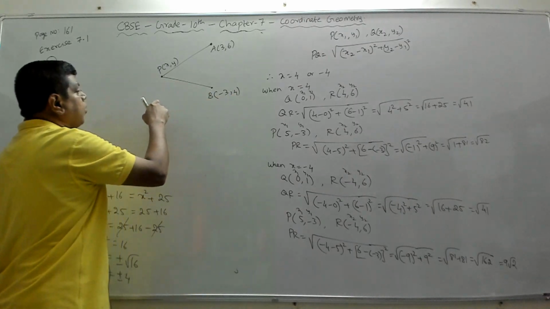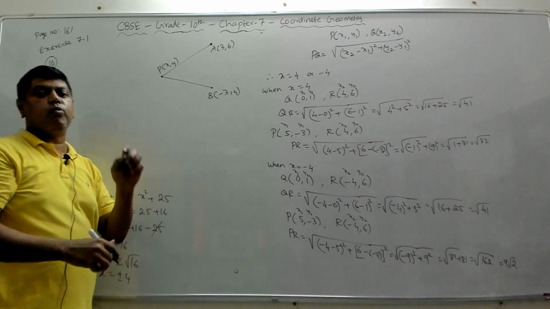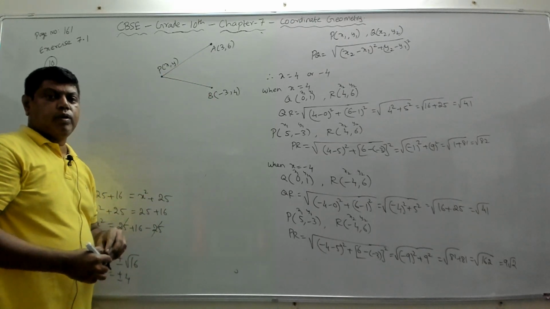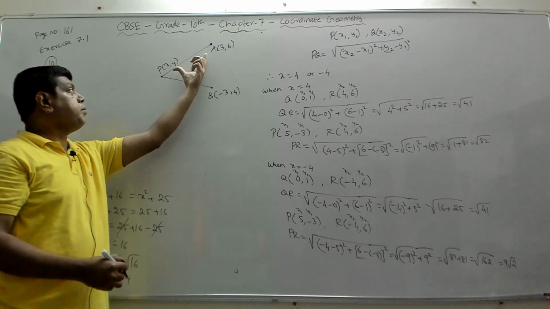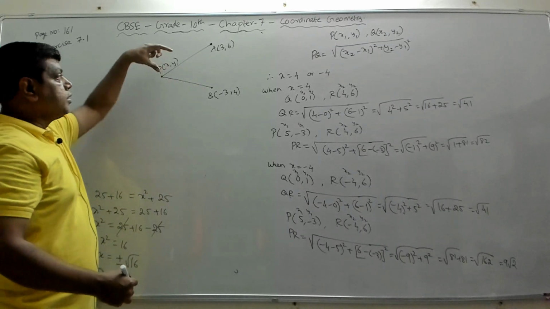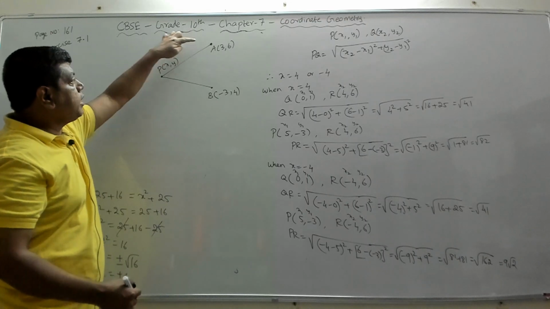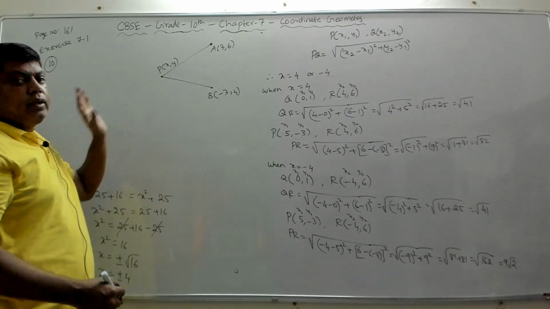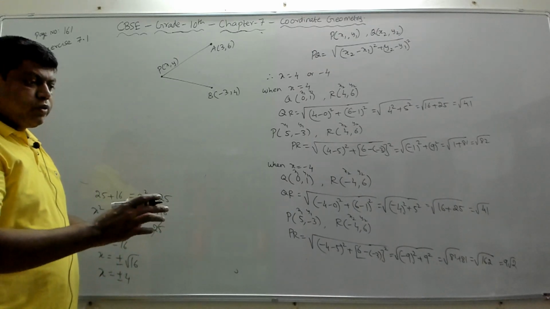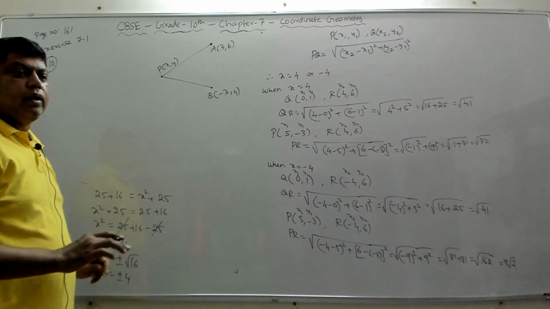Now what should be the relation between x and y such that P is equidistant from these two? P is equidistant from A and B means AP equals BP. The distance between A and P is the same as the distance between B and P. That is given, and we need to find the relation between x and y, which means we should get an equation having x and y.